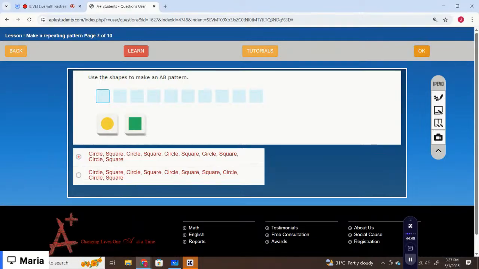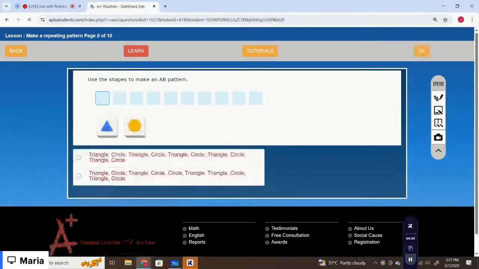Option number one is the correct option. Triangle, circle, triangle, circle. Option number one is the correct option.